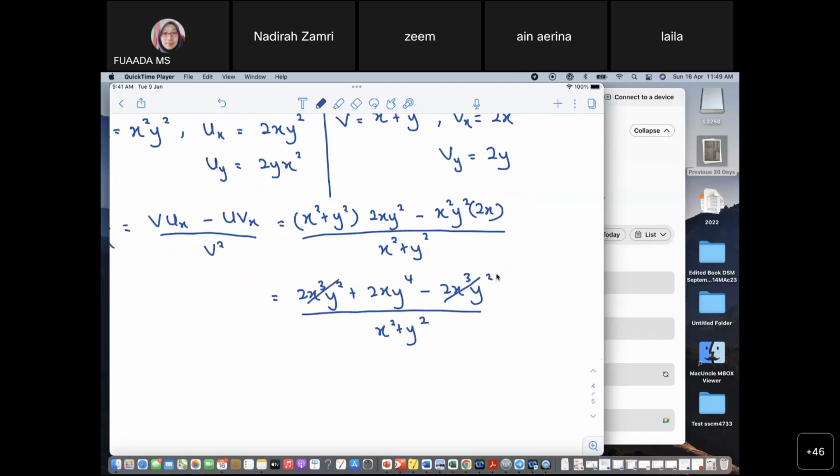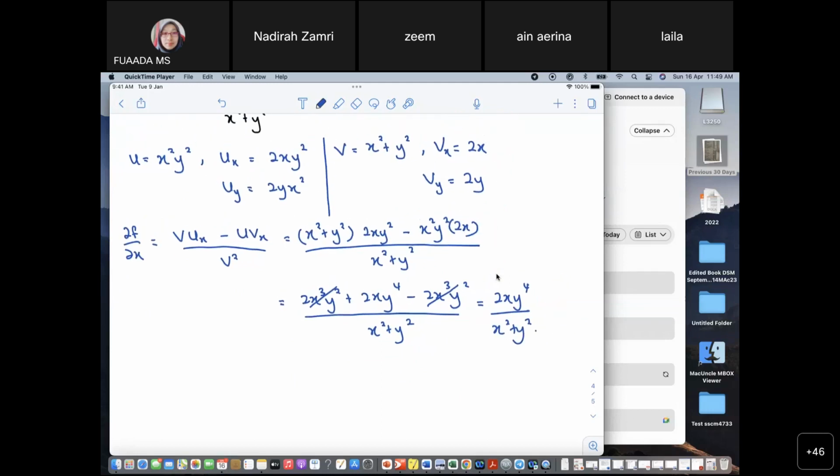So this one is the same. So we got 2xy to the 4 over x squared plus y squared. Don't forget, this is v squared.